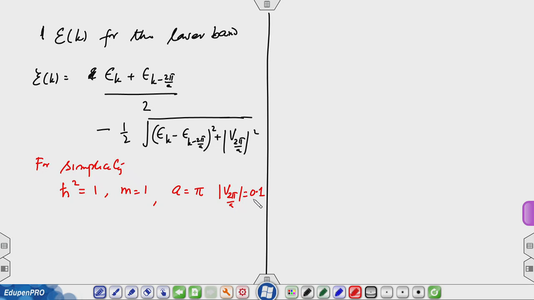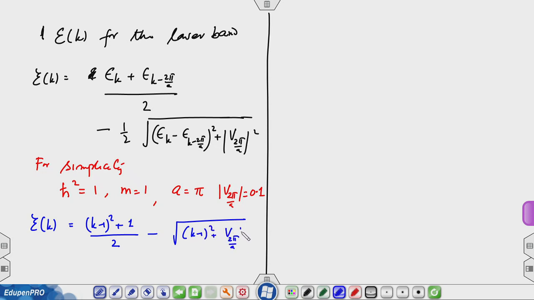If you do that, you will find that E k for the lower band comes out to be k minus 1 whole square plus 1 divided by 2 minus square root of k minus 1 whole square plus mod v 2 pi by a whole square. You put in all these numbers and this is what you get.